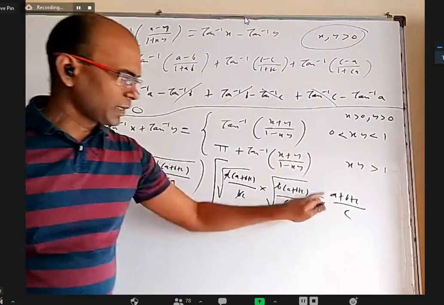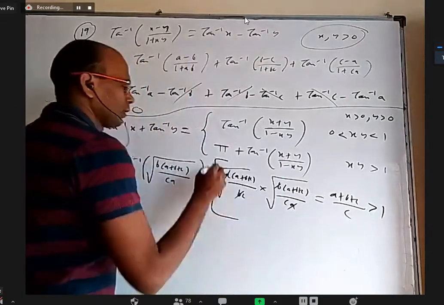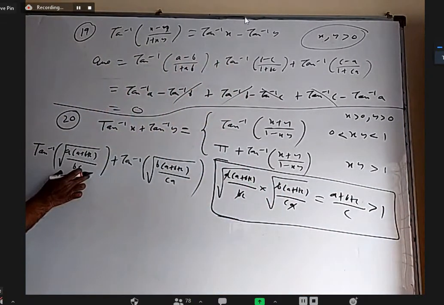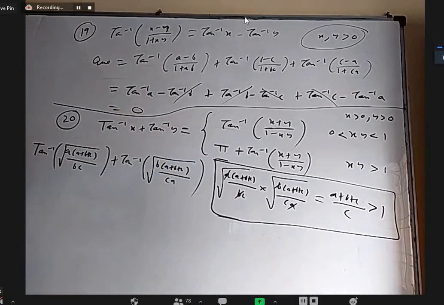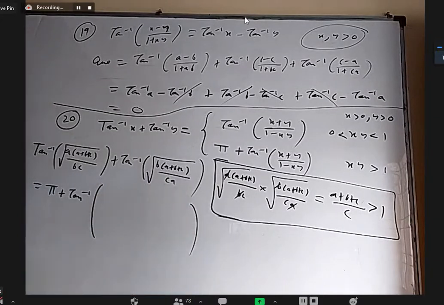Obviously the numerator is bigger than the denominator, so it is greater than 1, right? Okay, so because the product of these two is greater than 1, I have to choose the second one, not the first one. So it will be pi plus tan inverse of (x plus y) by (1 minus xy). I have to use that formula.